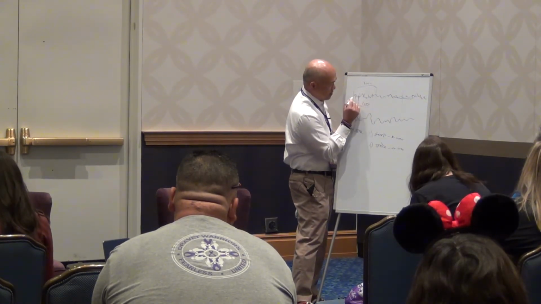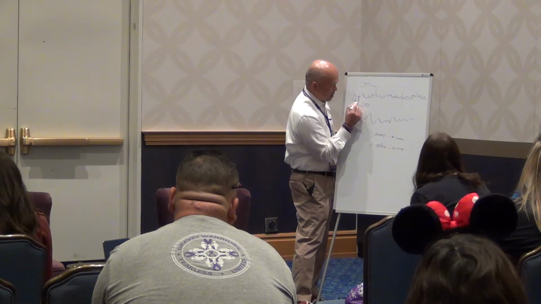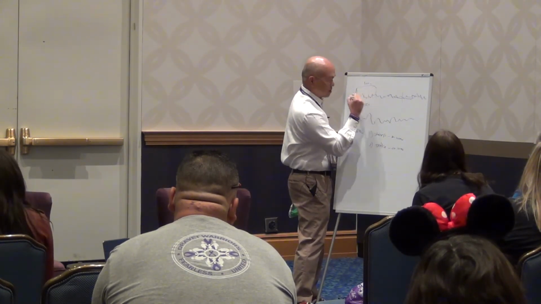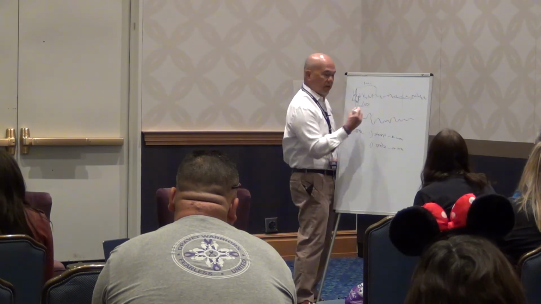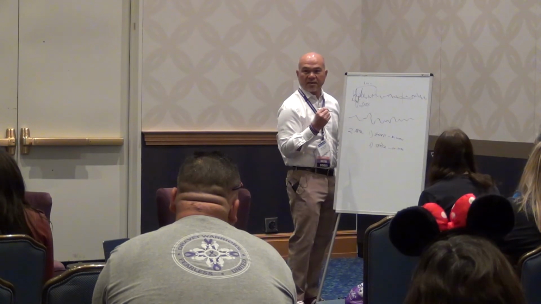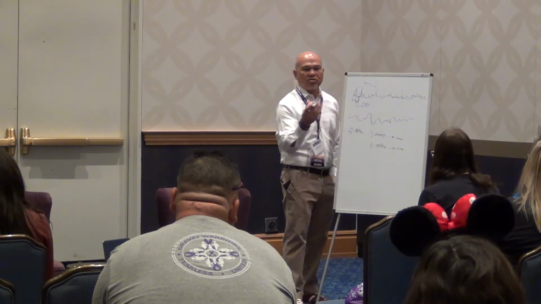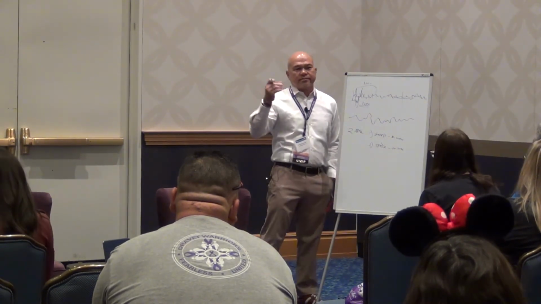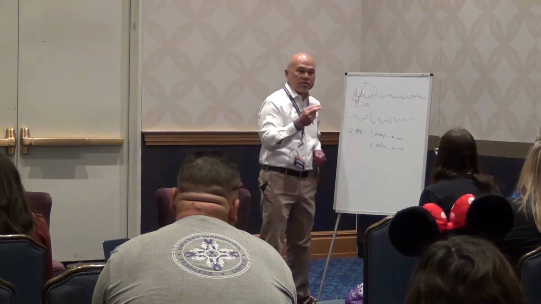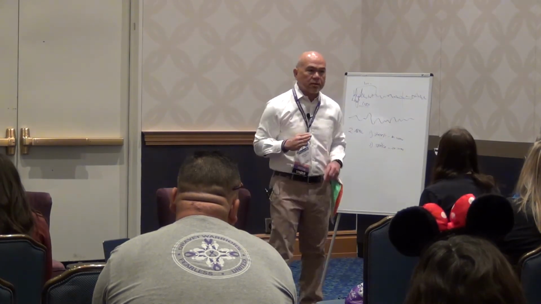So if this is 200 milliseconds here, a sharp is going to look like this, and a spike is going to look like this. There is no scientific thing to say that's a spike, that's a sharp. It's just because they look like spikes at the time.